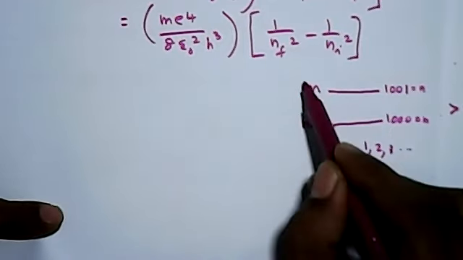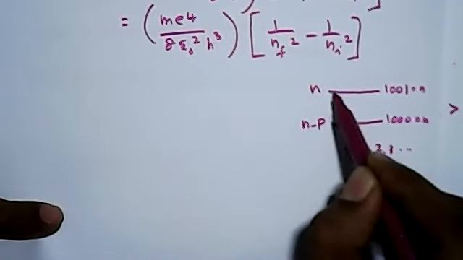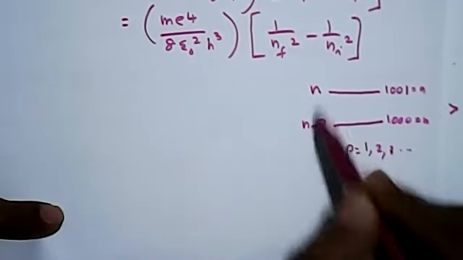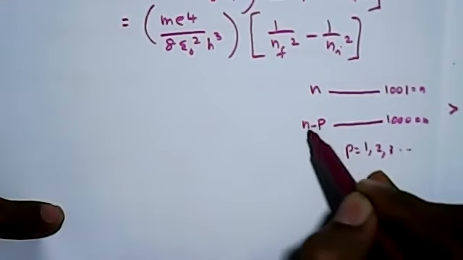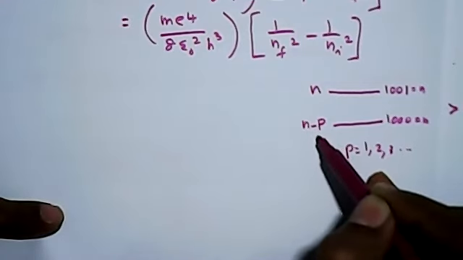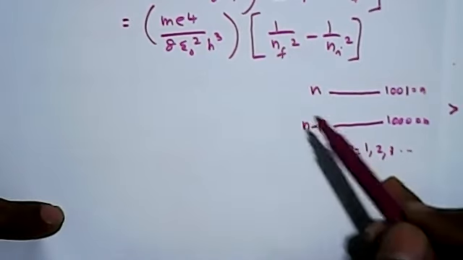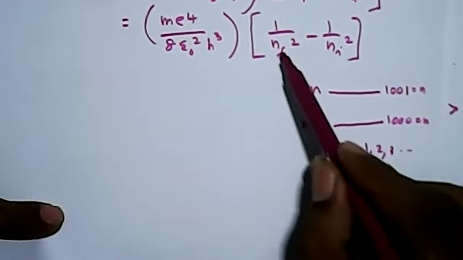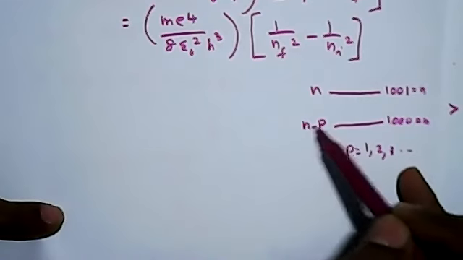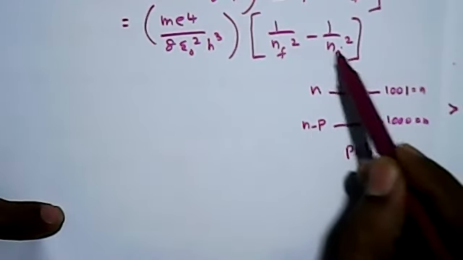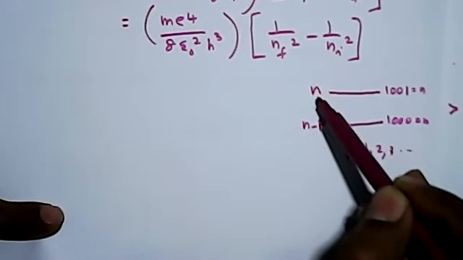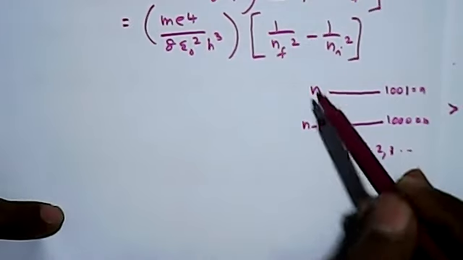So you take the higher quantum number as n, and just below that it is n minus p. Substitute it here. So this final state is nf equal to n minus p, and initial ni is n. Is that clear?